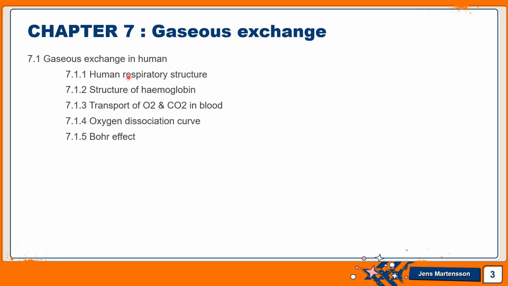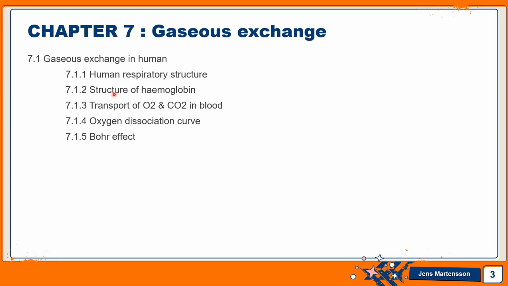The first subtopic is about the gases exchange in human. To begin, you have to learn the human respiratory structure. You have to learn the lung, the air, oxygen, how the oxygen enters into our lung, and what structures the oxygen will flow through, like bronchial, like that.